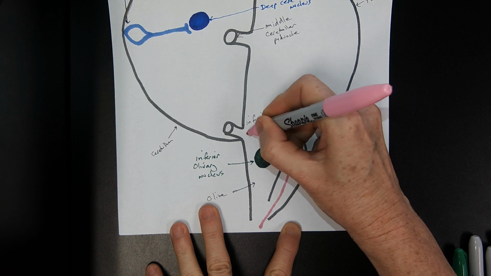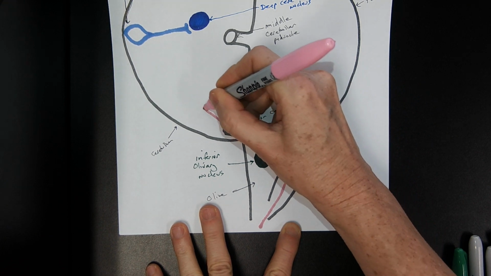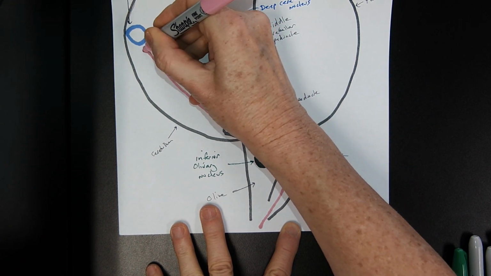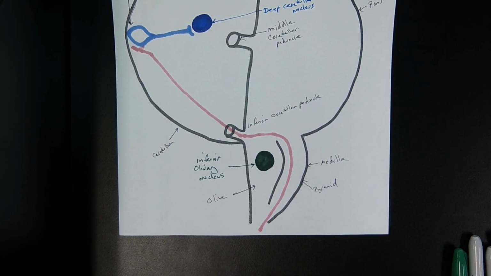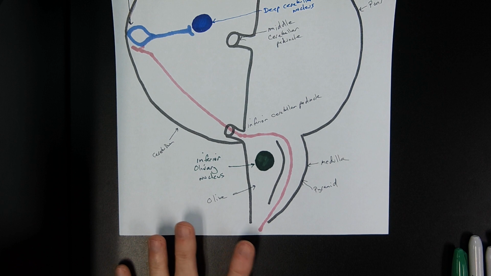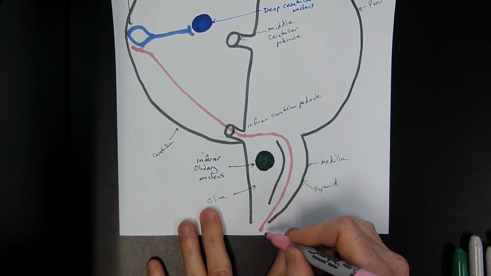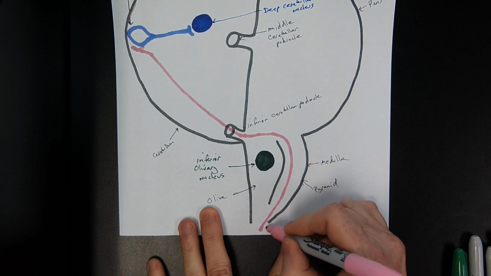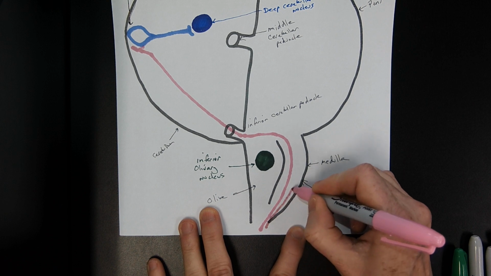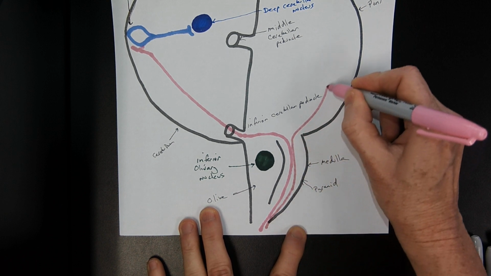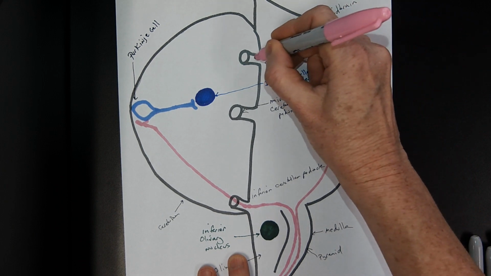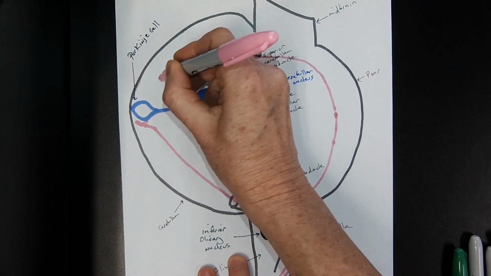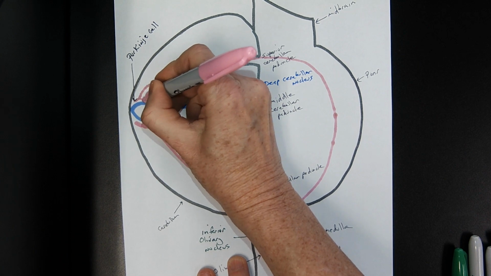They're going to come up, go through my inferior cerebellar peduncle, and make a connection with my Purkinje cell. Okay, that's the dorsal spinocerebellar, and then the ventral spinocerebellar is kind of different. It comes in up here through the superior cerebellar peduncle, but as it comes in, it's going to make a connection with my Purkinje cell.